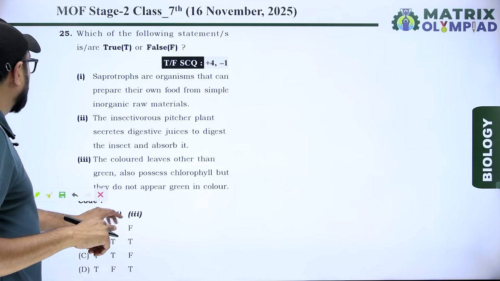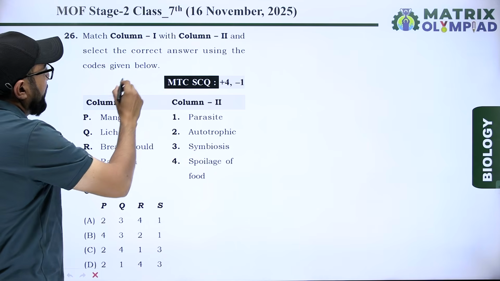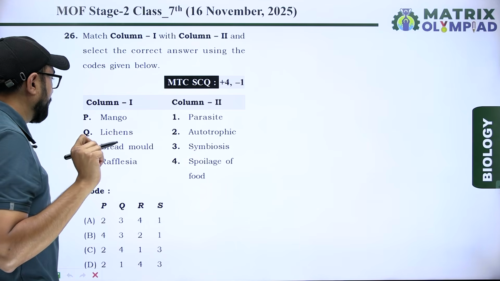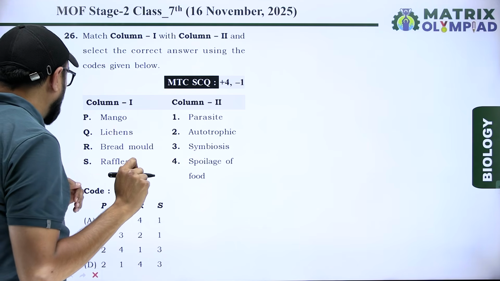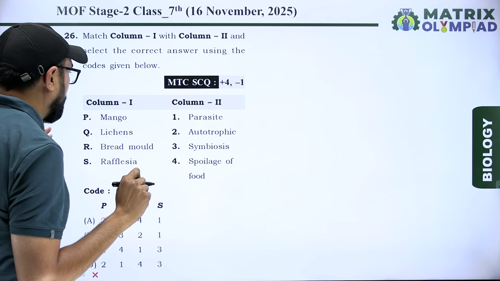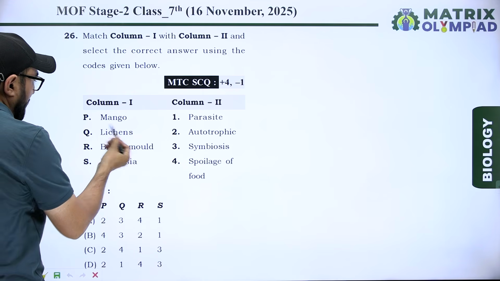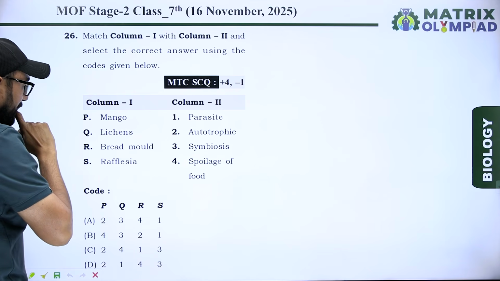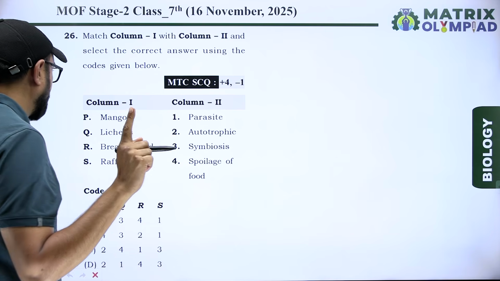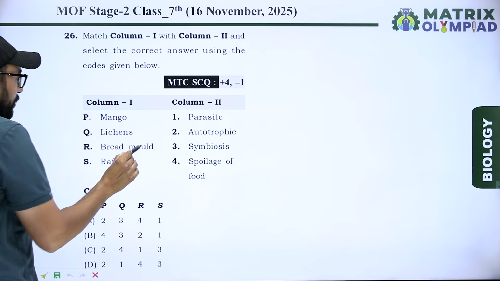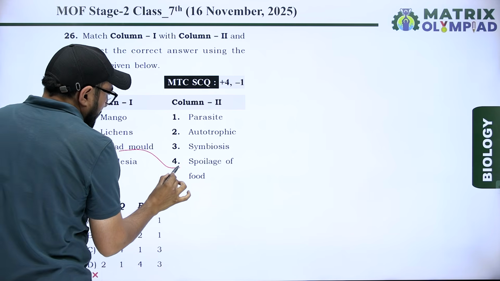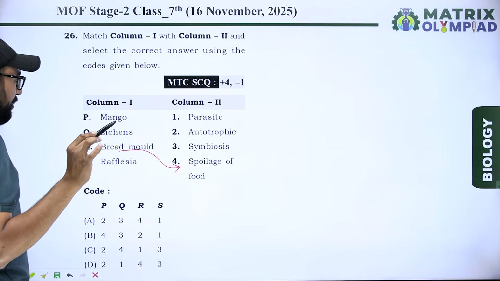Next, match column first and second. Mango, lichen, bread mold, and rafflesia. Bread mold is related with spoilage of food.